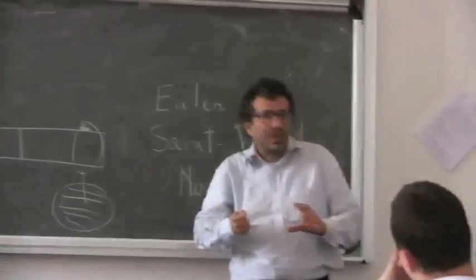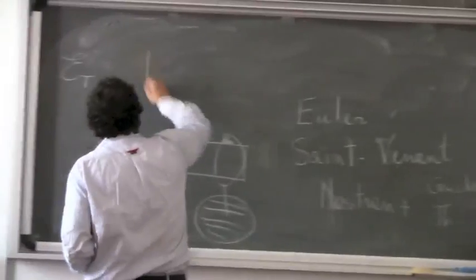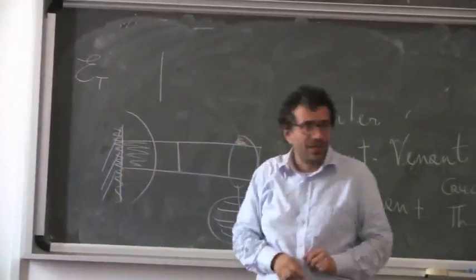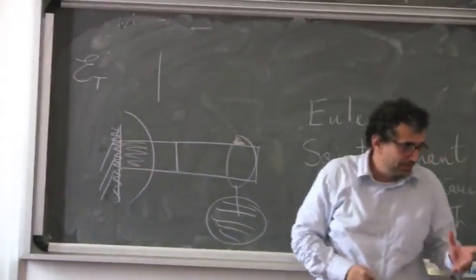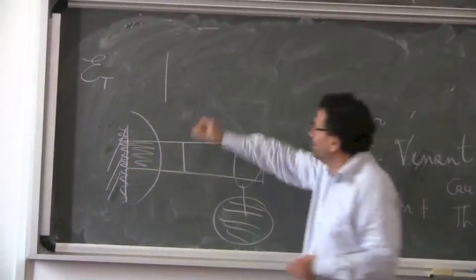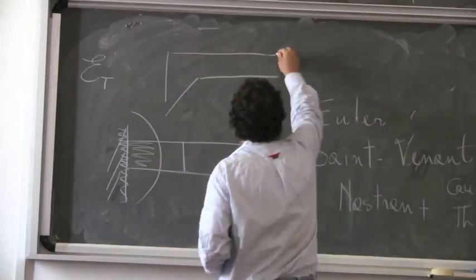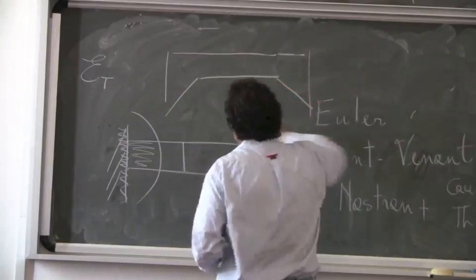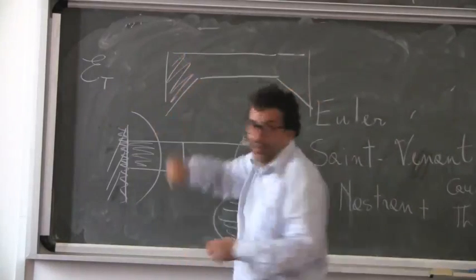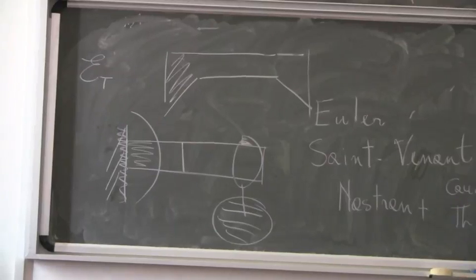Of course, engineers are very good. I do not know what is happening close to the clamping region. I can build beams in this way. So this is much more than needed. Okay?